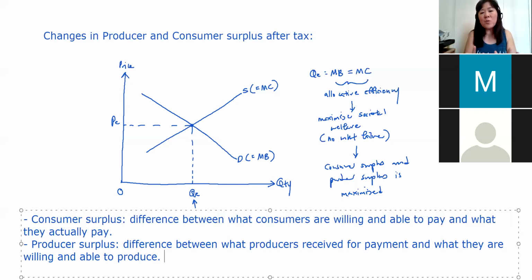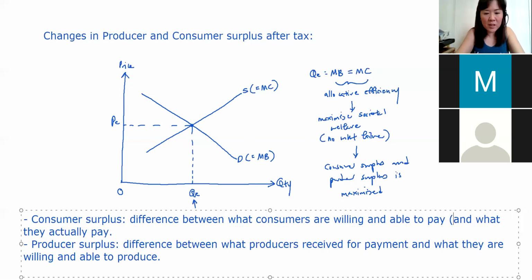In other words, for consumers, it is the difference between what consumers are willing and able to pay, and what tells us that is the area under the demand curve.